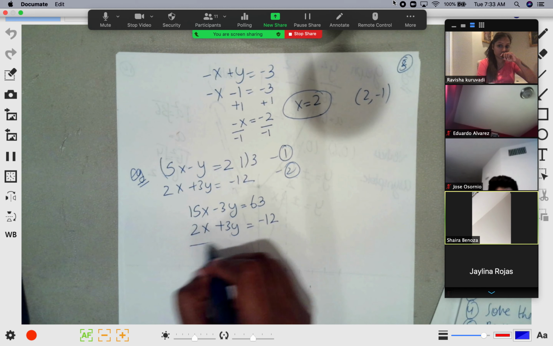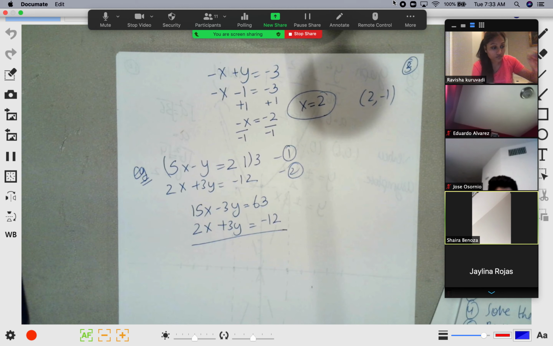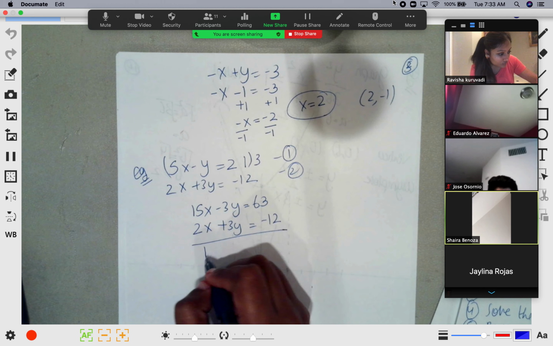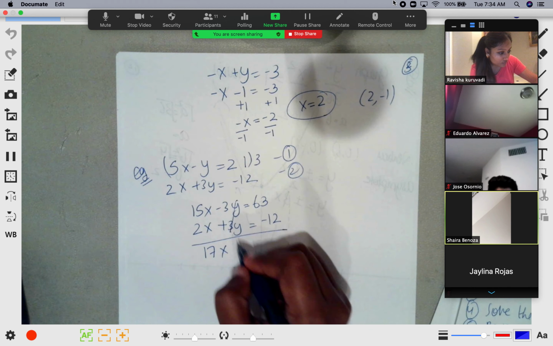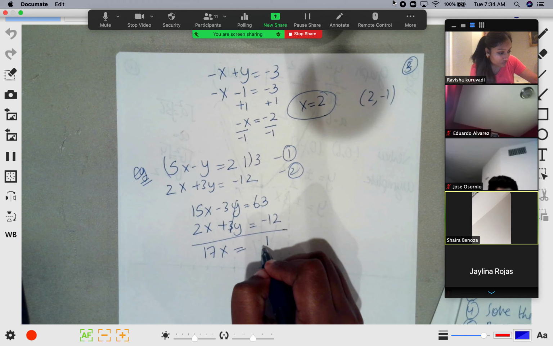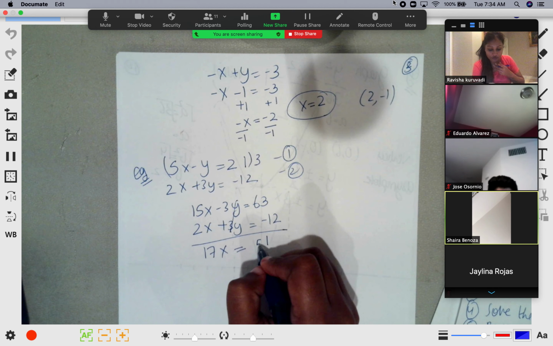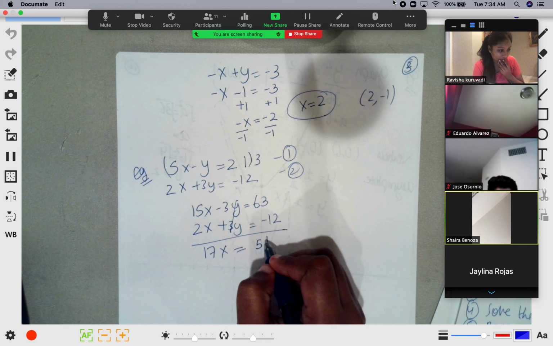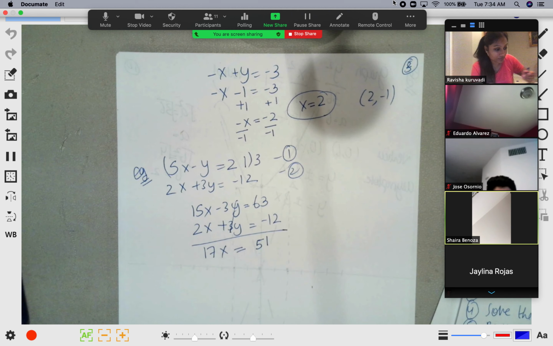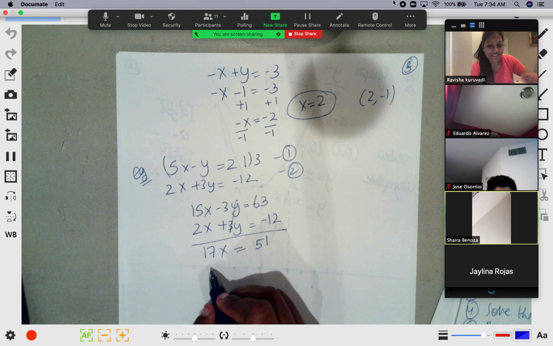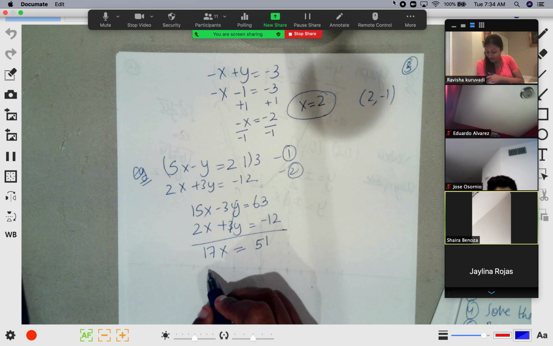That gives 17x equals 51. Did I do that right? Yeah, you're absolutely correct. Sorry, I'm doubting myself. I do that all the time. You're doing it absolutely correct.